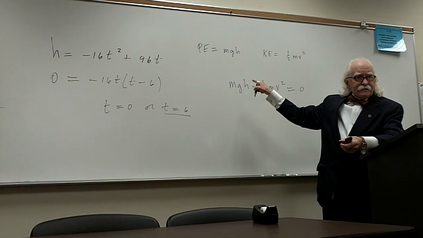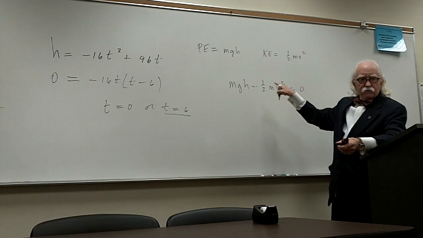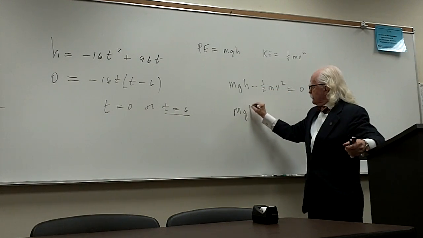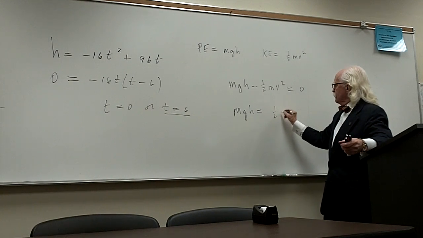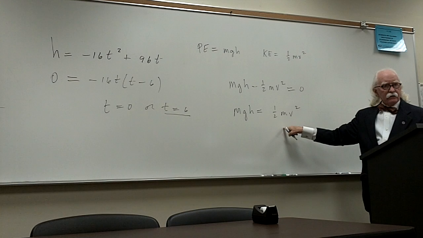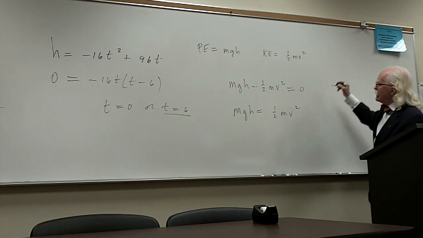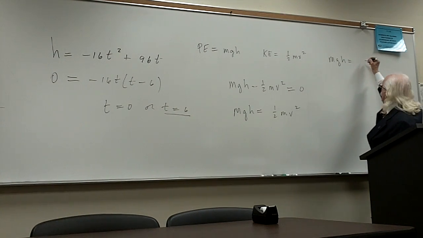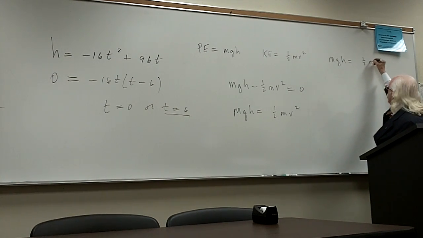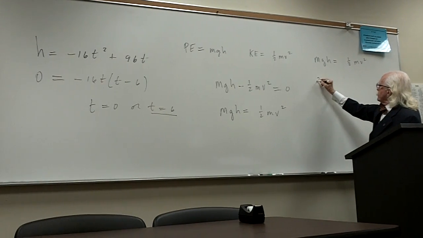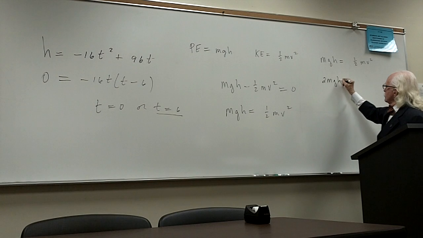If that is the case, then I want you to solve this equation for v that says mgh equals 1/2 mv squared. Do you see that? Yes or no? So to solve this for v, I multiply this side by 2, I get this.